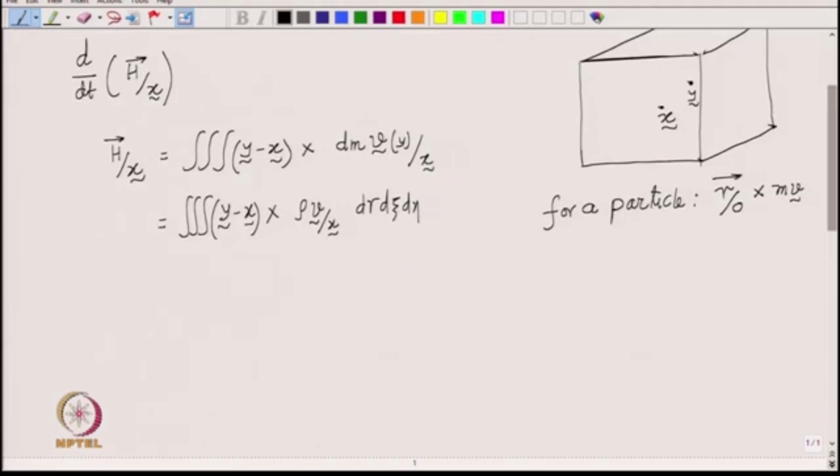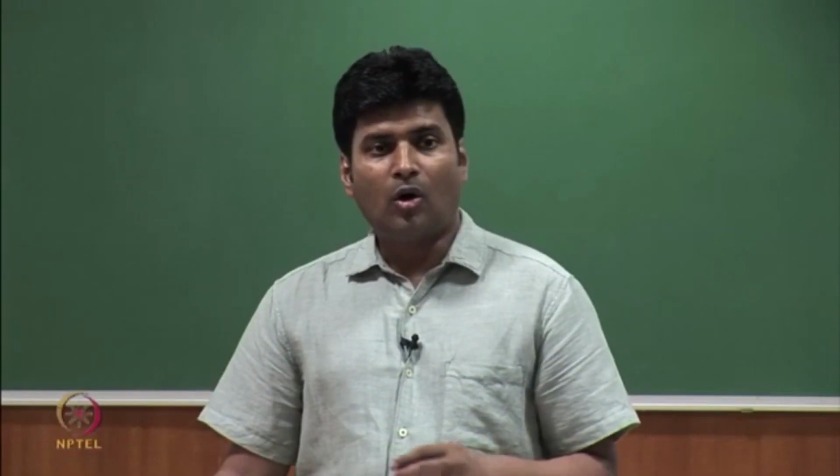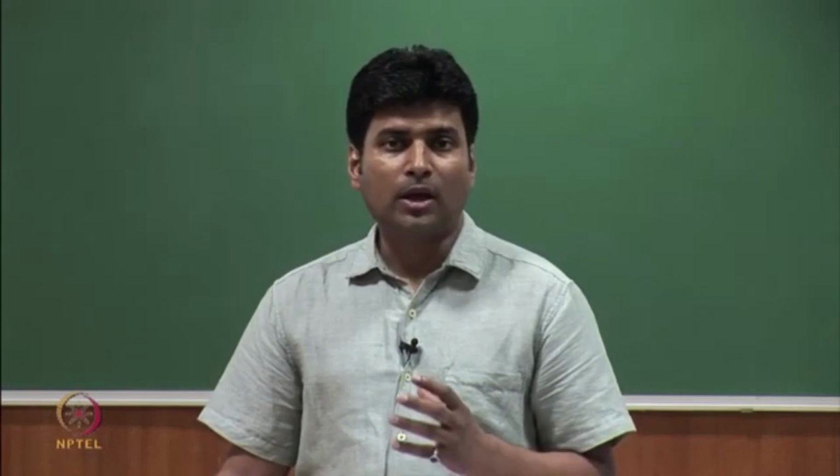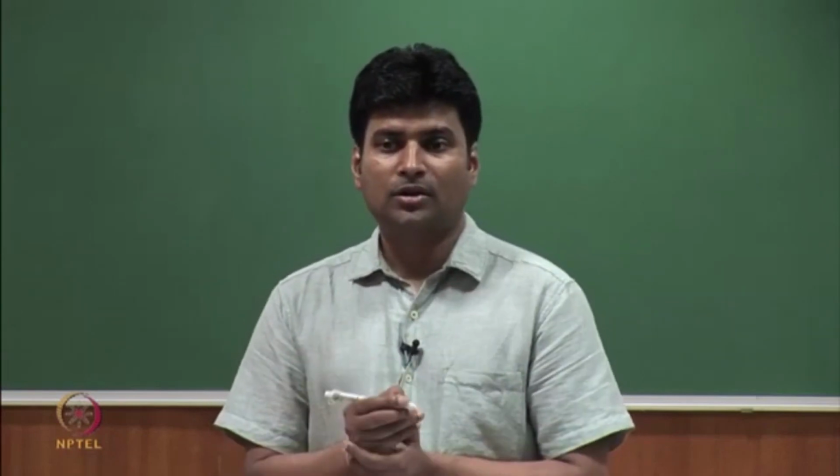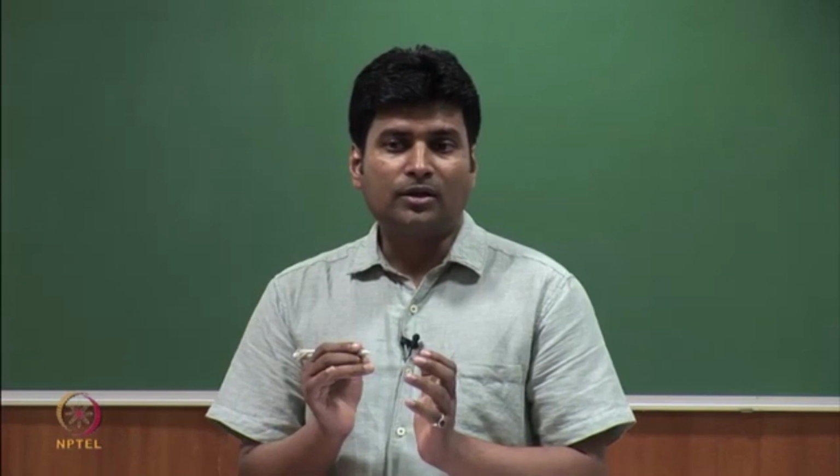Now, you see in this integration we are doing integration over the volume, and then we have to take its time derivative. That is really tricky here. Whenever we apply Newton's second law or the angular momentum balance, it has to be applied to a fixed set of mass or a fixed set of particles.